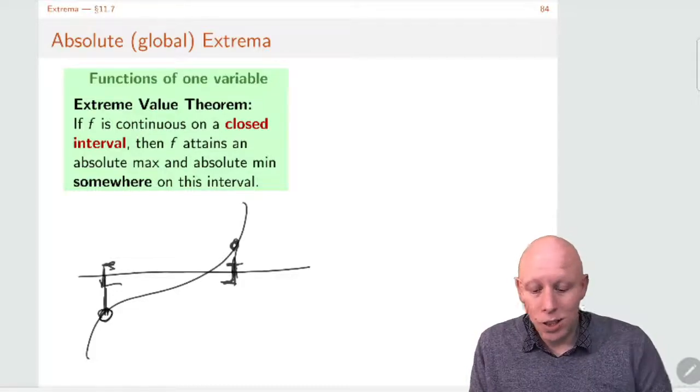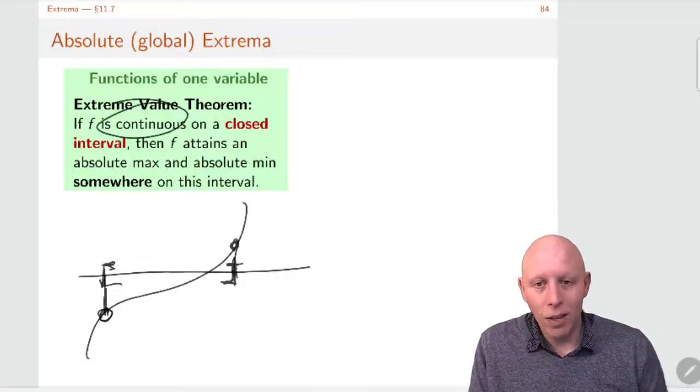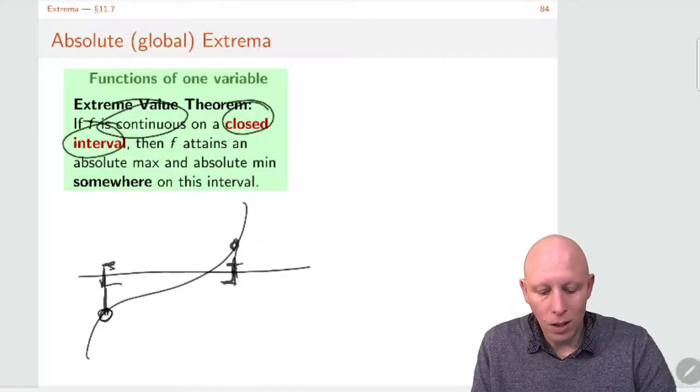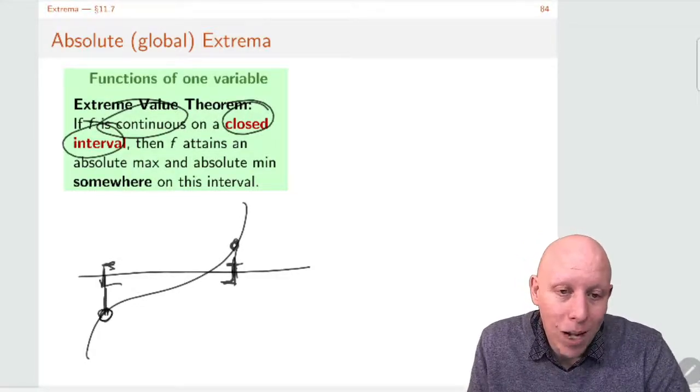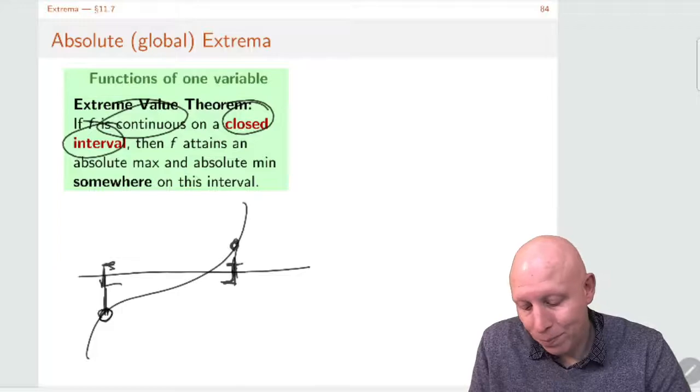As long as the function is continuous and defined on the whole closed interval, then somewhere you have a max and somewhere you have a min.